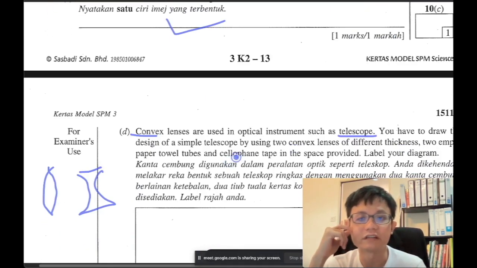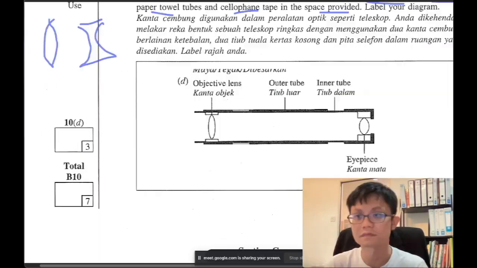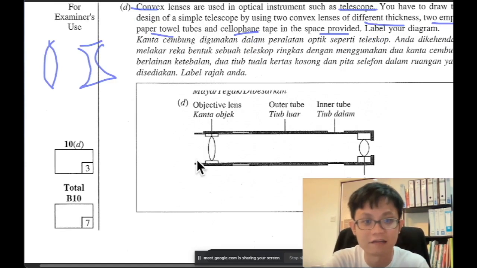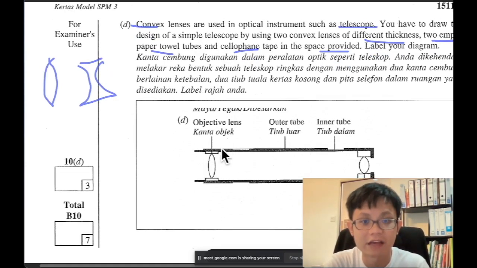You have to draw a simple telescope by using 2 convex lenses of different thickness, 2 empty papers, cellophane tape, and provided wire. Okay, so this will be how you need to draw. So 1 lens at the left side, right side, then we have the tube, and we have the inner tube.